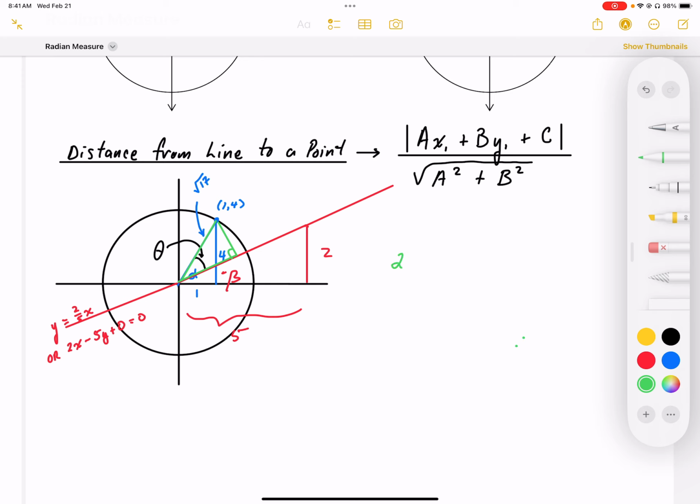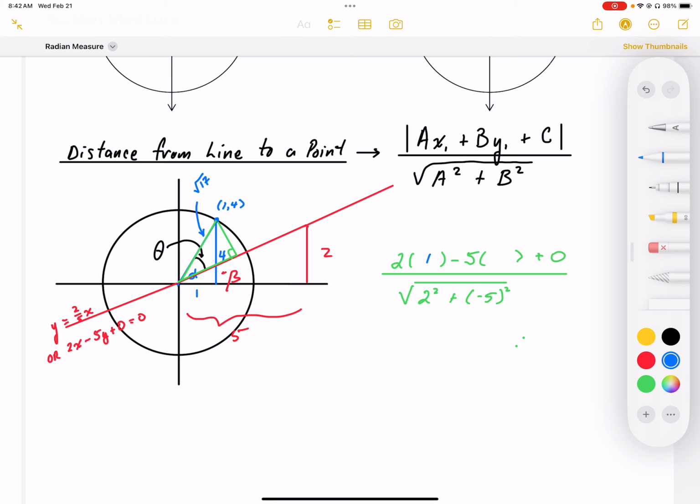The a coefficient is going to be 2, times the x coordinate, plus b is going to be negative 5, so minus 5 times y1, which represents the y coordinate of the point in question, plus 0, all over the square root of a squared plus b squared.